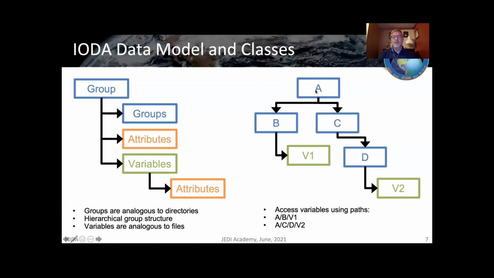You can build this hierarchical structure, and you can access the variables with a path like a path in a directory in a file system. So this v1 variable can be accessed from the top by a/b/v1, as marked here. And in the same fashion, this v2 can be a/c/d/v2.